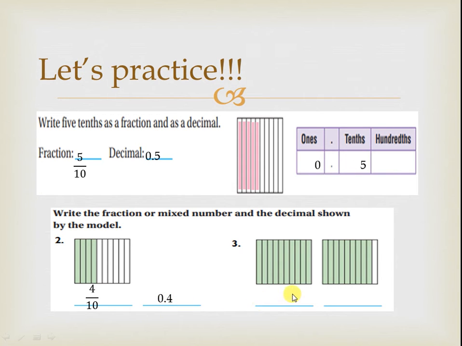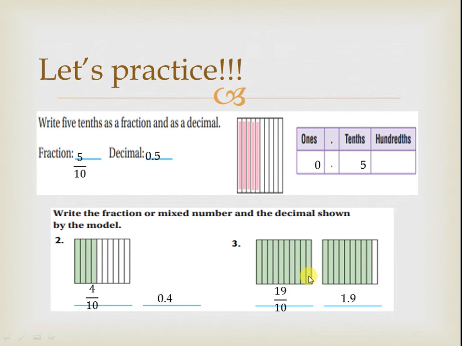Now look here with me. This is a bit tricky because we have a whole model colored here. So look with me again. How many parts in all in each model? It's 10.